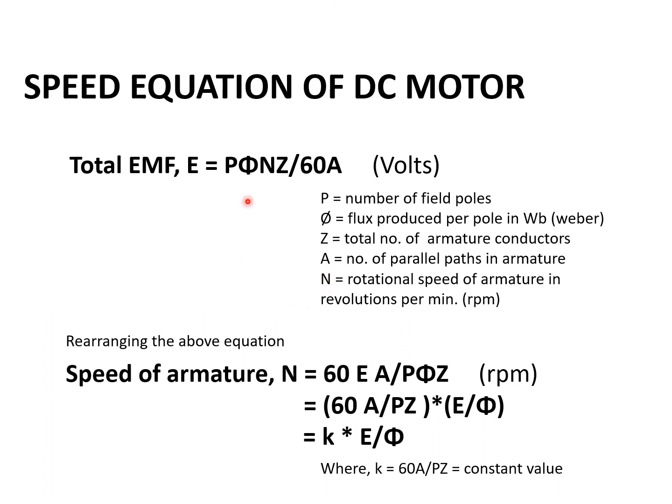Now rearranging this equation, N, the speed of the armature, is given by 60 into E into A upon P ϕ into Z. Out of this, the constant factors are 60 into A upon P into Z. So you replace this constant K equals 60A upon PZ, into E upon ϕ.